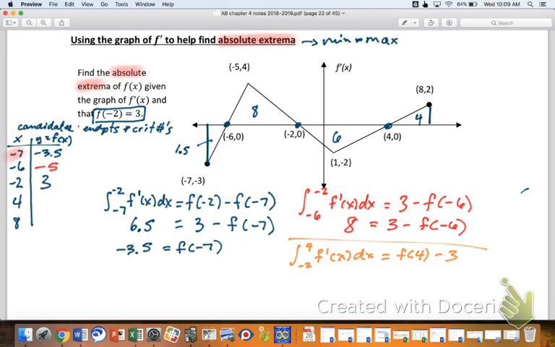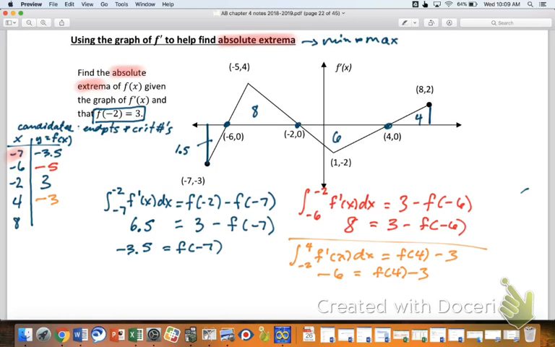Once again, I know that f of negative 2 is 3. What would be my integral from negative 2 to 4? Negative 6, right? It's area of 6, but we're below the x-axis. So negative 6 equals f of 4 minus 3. You'd add the 3 over and you get negative 3 for that y value.